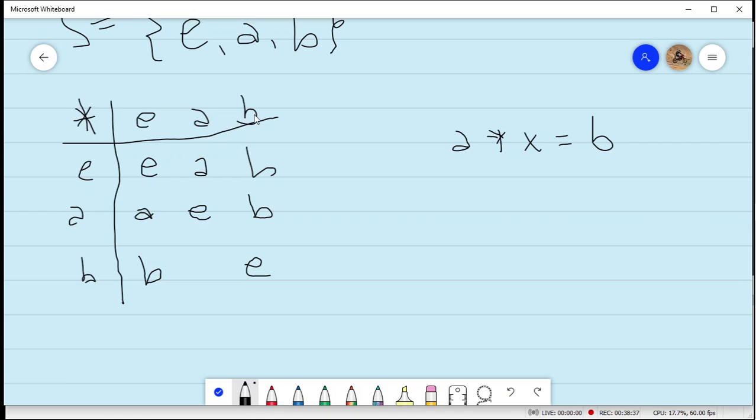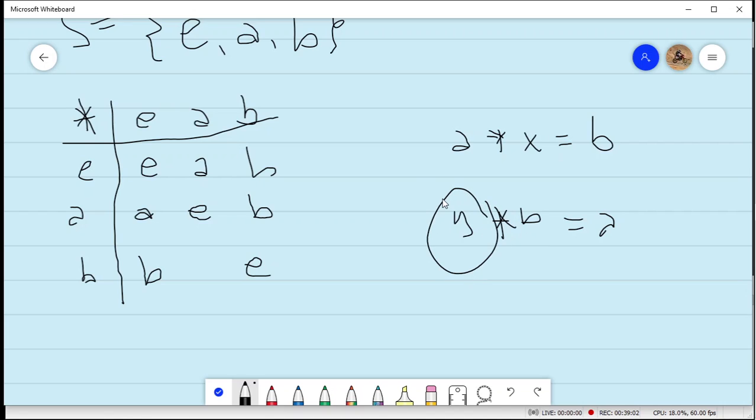Because B must have an inverse, meaning E should be a result under the column containing B. In which case, there would be no spot, no space for A. In other words, there would be no solution for the equation Y operation B equals A.